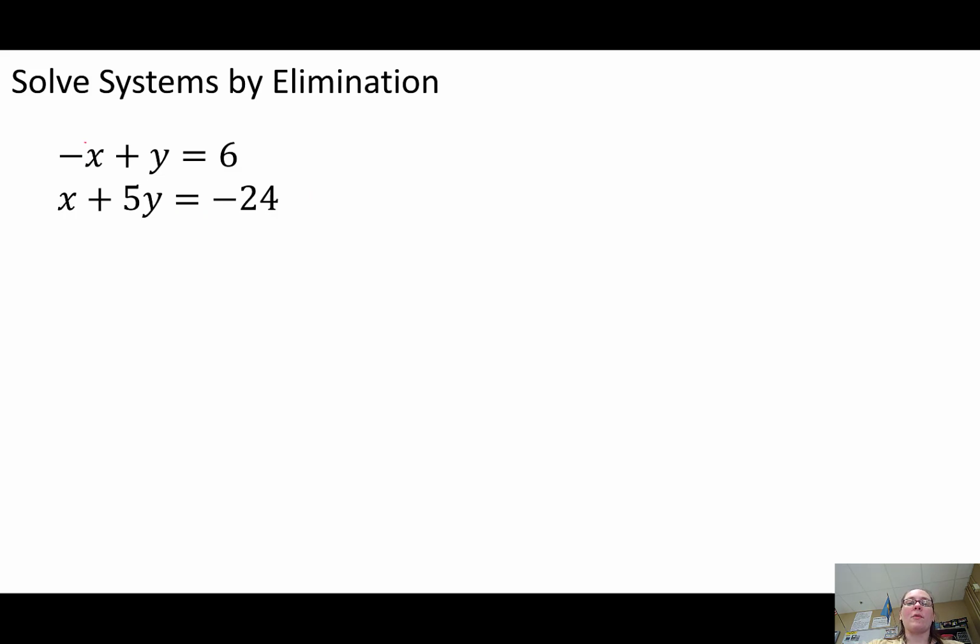Well, both of the x's have a 1 in front of them. That's the variable I'm going to eliminate. So looking at that, do my x's have the same sign or opposite signs? They are opposites, so that tells me that I'm going to add everything.